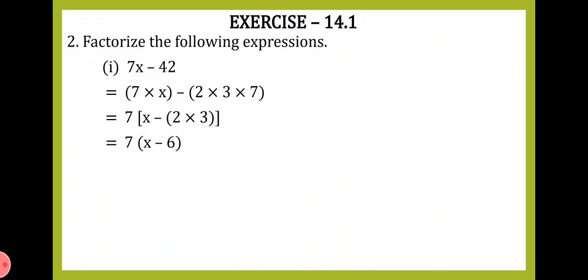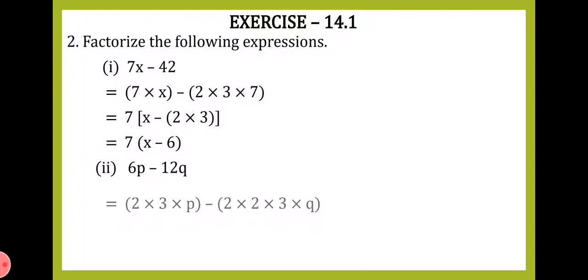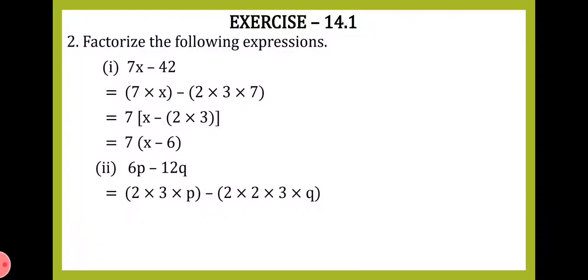So in this way you have to take out the common factor from each term and then write the remaining in the bracket. Question number 2: 6p minus 12q. First, the factors of both the terms separately.